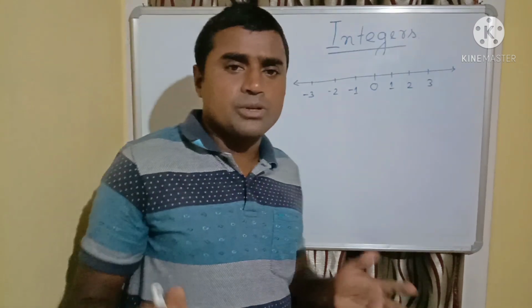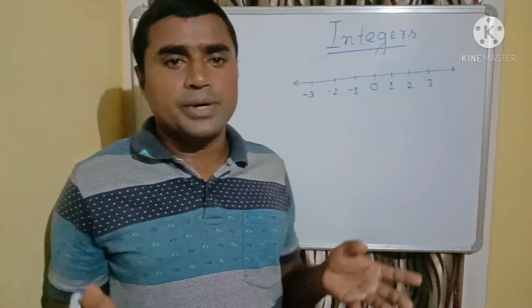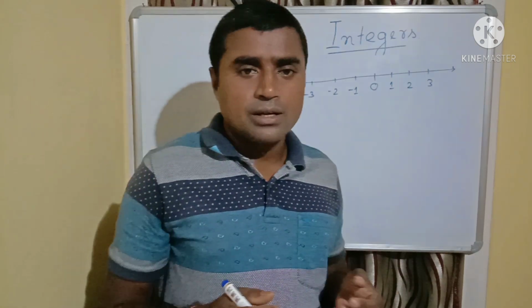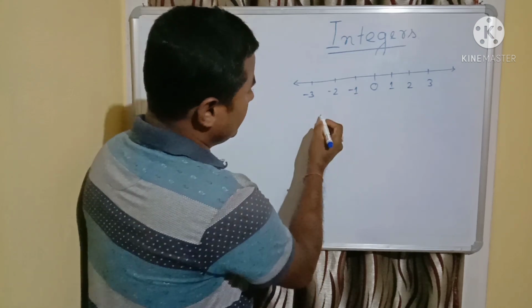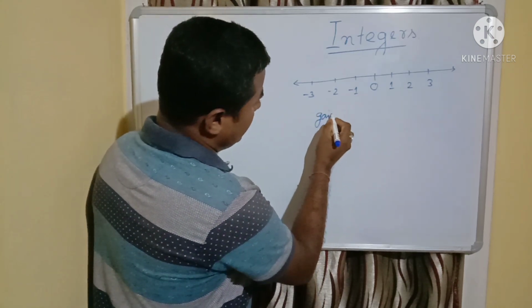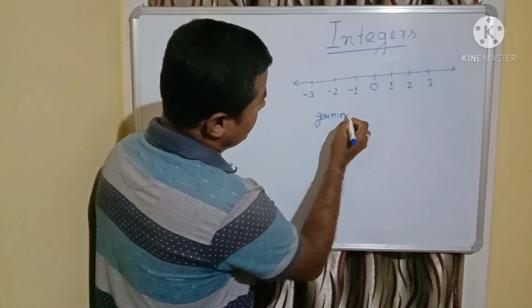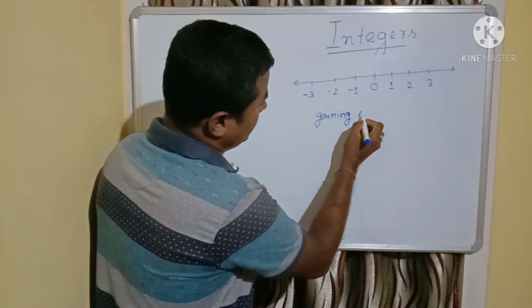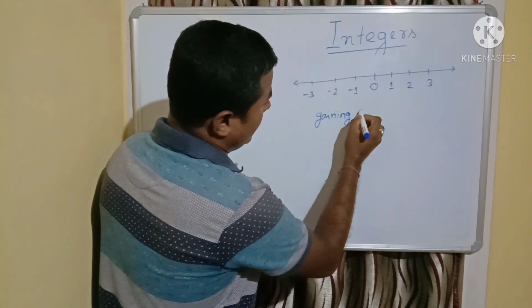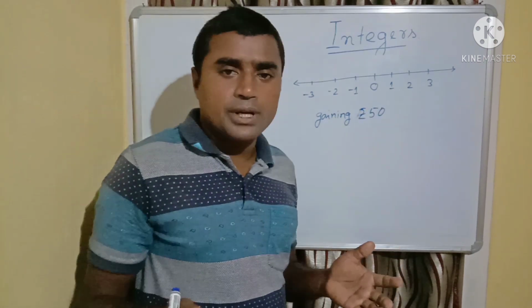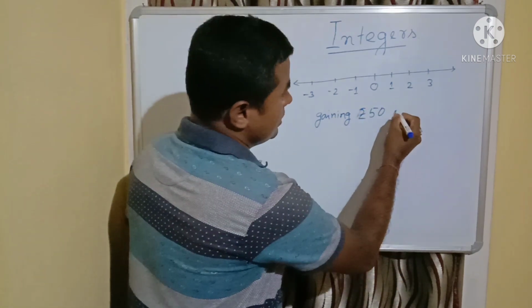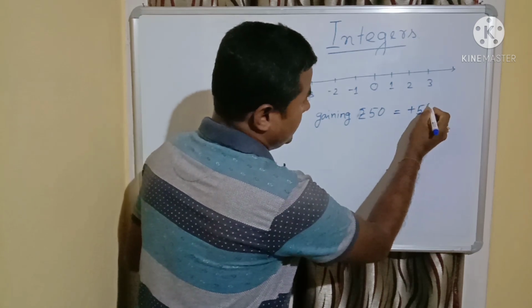Now, some situations we can represent with the help of integers. What kind of situation? Suppose gaining rupees 50, you can write as plus 50.